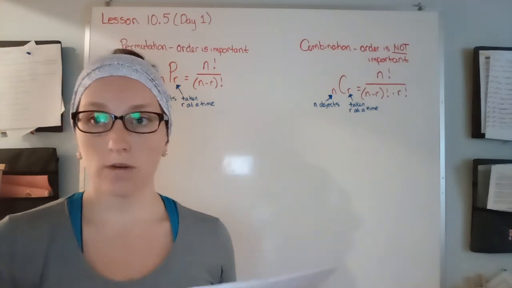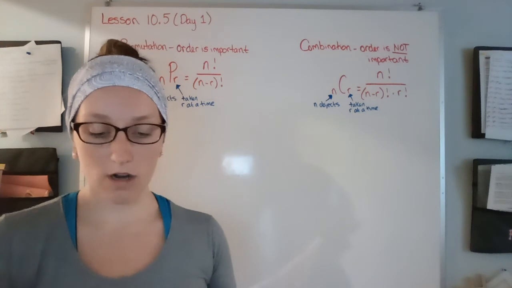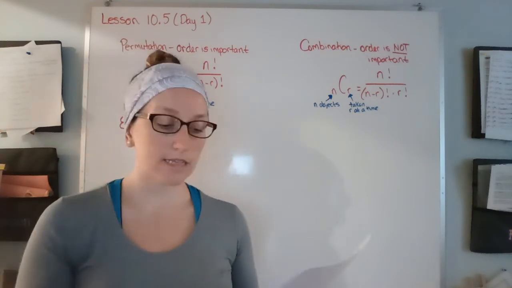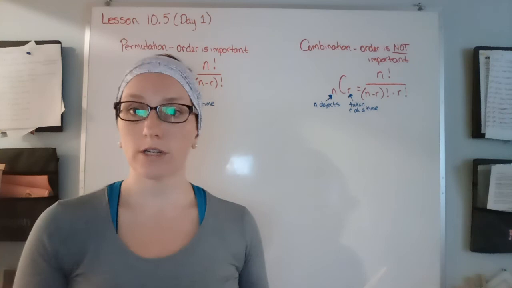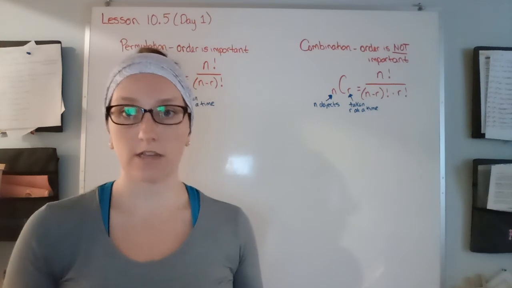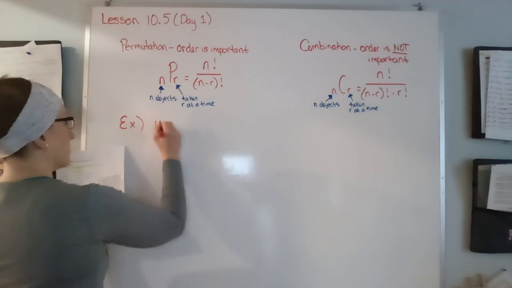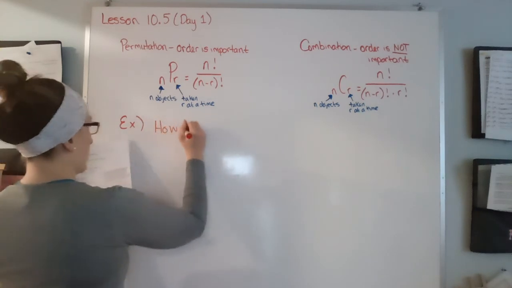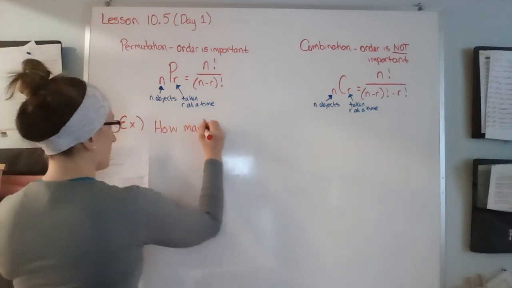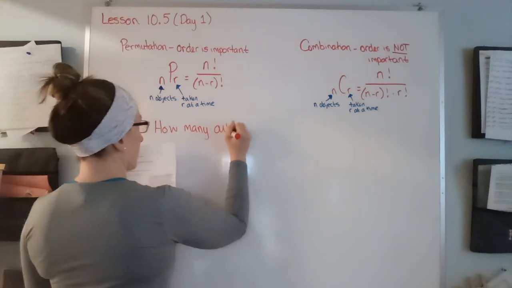Okay, so we need to know how many outcomes there are. And since this is a combination problem, we're going to use our combination formula to figure out the number of outcomes. All right, so that's the first thing we're going to do. How many outcomes?